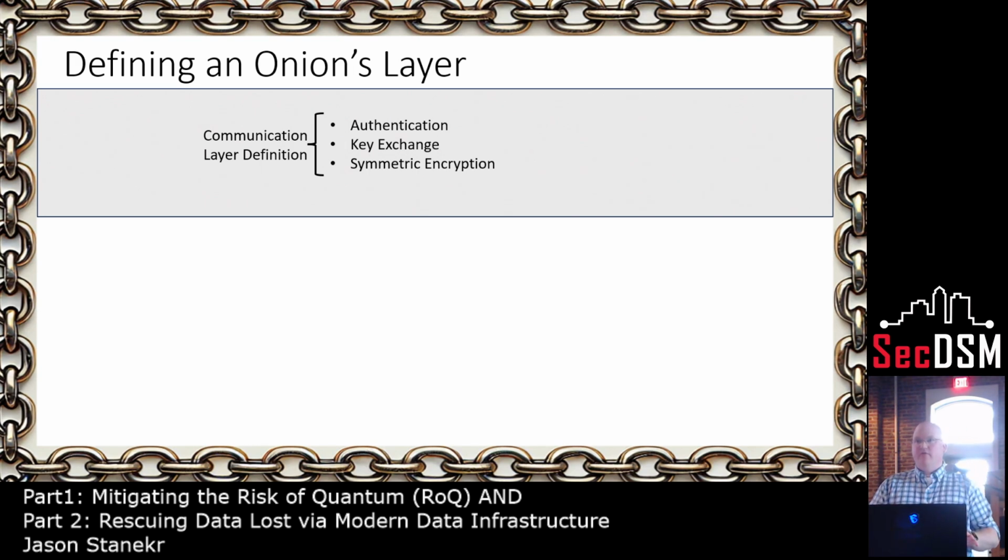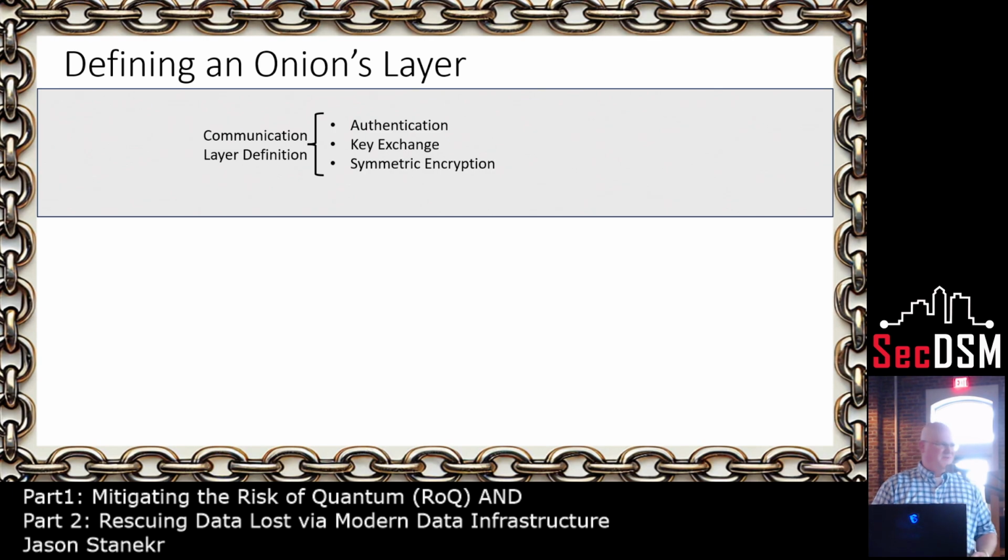How many of you have heard of forward secrecy? Some people call it perfect forward secrecy. Can anyone tell us what that means? All right, I hope everybody heard that.